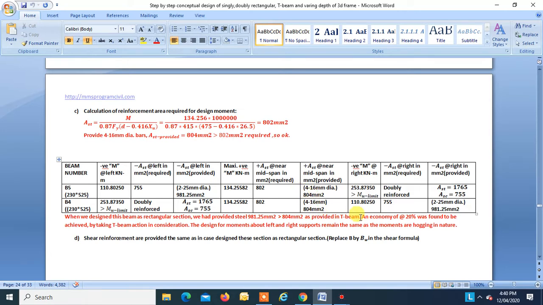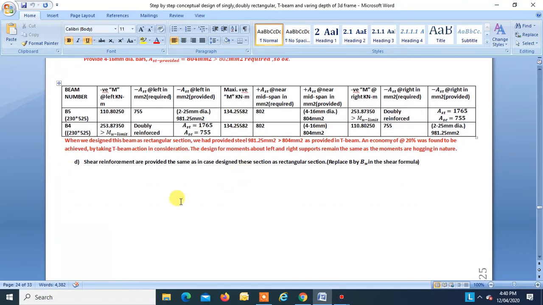So we can see an economy in steel of about 20%, right? So this is how T beam is found to be economical. If it is a simply supported beam, then T beam action will give a very good economy, because the whole beam will be under sagging and you can get a very economical depth and economical steel.